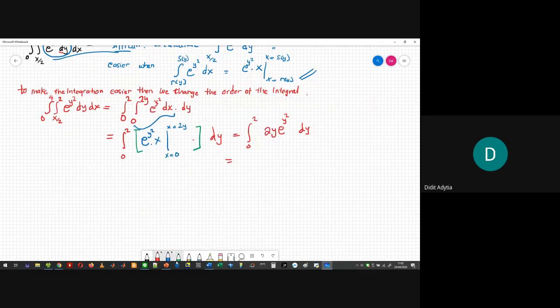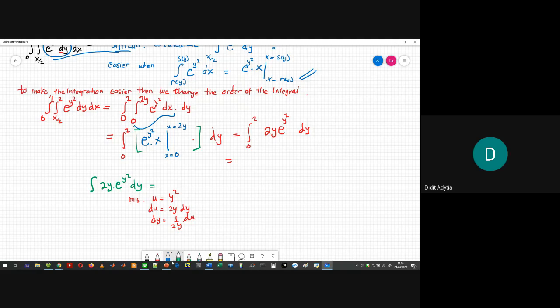And then now, gimana cara kita mengintegrasikan ini? Saya pakai hijau. Okay, now I use the green. 2y e to the power of y square dy. Gimana caranya? Kita misalkan, seperti yang lalu ya. Misalkan u is y square, du is 2y dy. And then dy is 1 over 2y du.